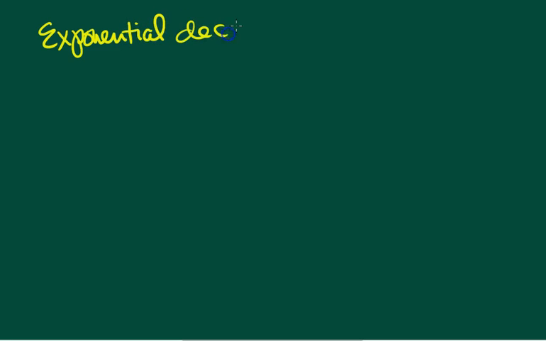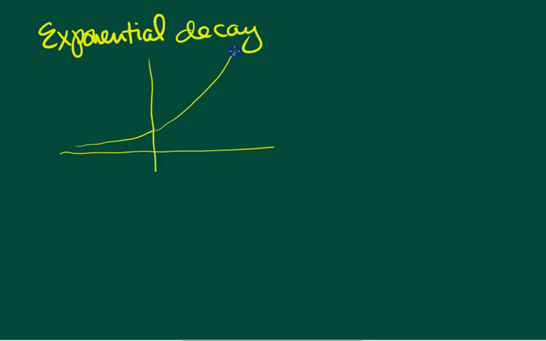Now, exponential decay has a graph that looks a lot like the graph of y equals b to the x. But instead of growing as x gets larger, it shrinks as x gets larger.